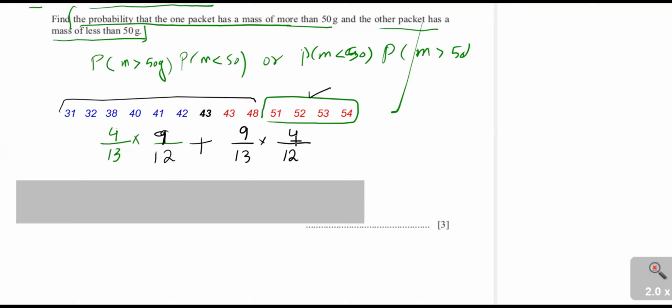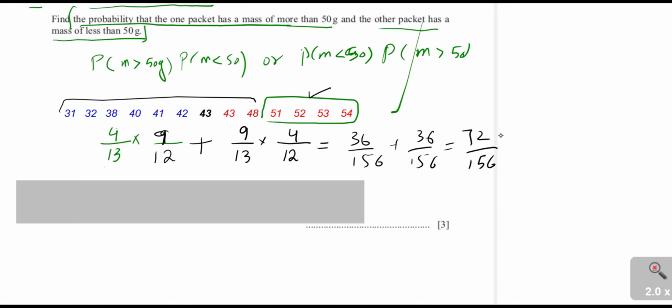We write 4 out of 12. And we can write this as 36 over 12 times 13, which is 156, plus 36 over 156. This will be equal to 72 over 156.